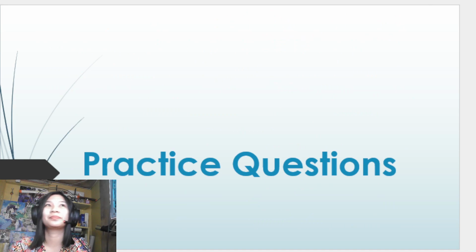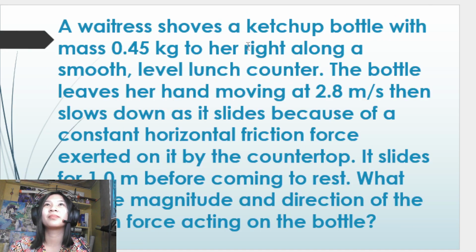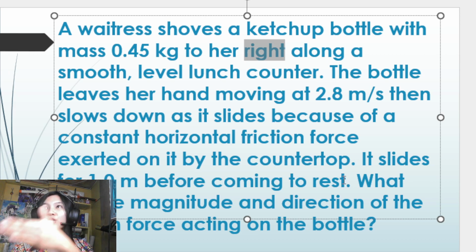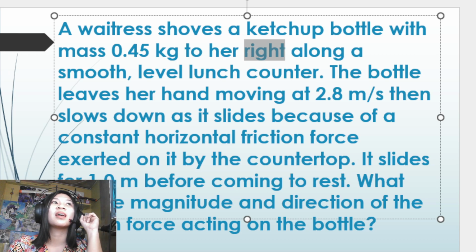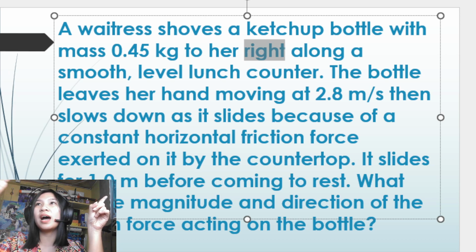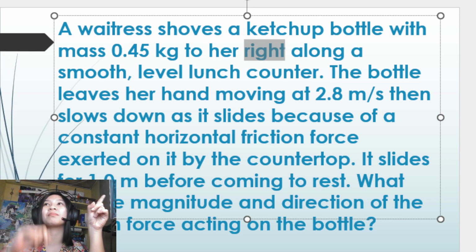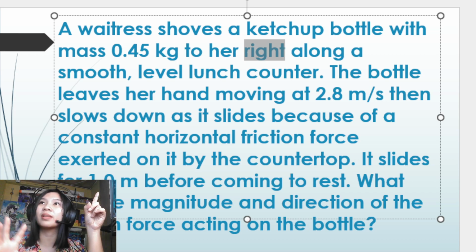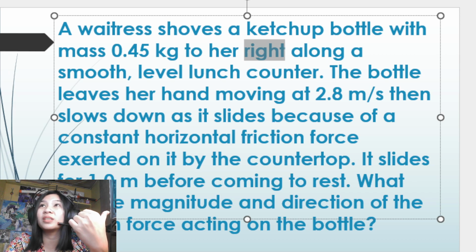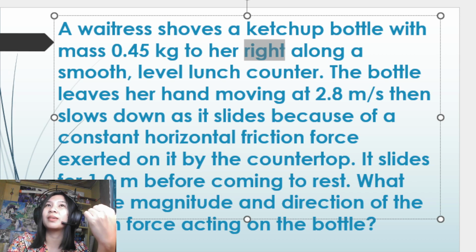Right here. Ingan siya dire. It is going to the right. The ketchup bottle is going to the right. So it means the motion is going to the right. So kung ang friction atong ginapangita, asa man padulong si friction. Remember that friction opposes the motion. Mo-oppose na siya.